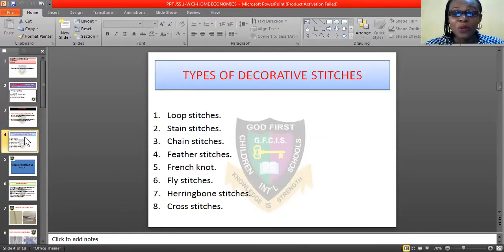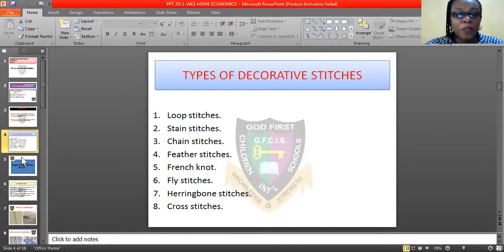Now let's go to types of decorative stitches. We have loop stitches, stem stitches, chain stitches, feather stitches, French knot stitch, flare stitches, herringbone stitches, and cross stitches. These are the types of decorative stitches. But we're going to look into some because of your level of class at this point.